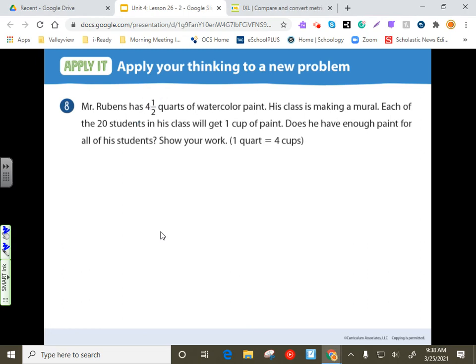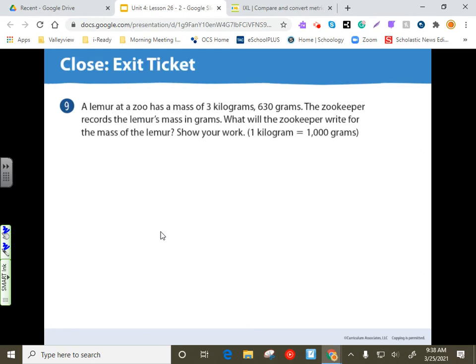And last one, a lemur in a zoo has a mass of 3 kilograms, 630 grams. So this is a total. Notice they mixed in kilograms and grams. The zookeeper records the lemur's mass in grams. What will the zookeeper write for the mass of the lemur? Well, we have a conversion here of 1 kilogram is 1,000 grams.